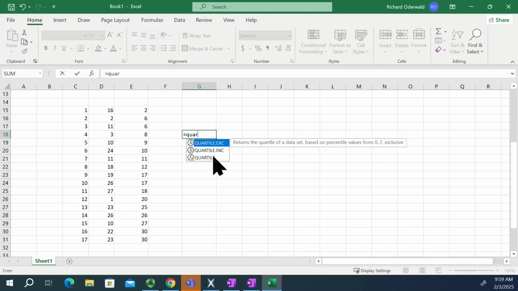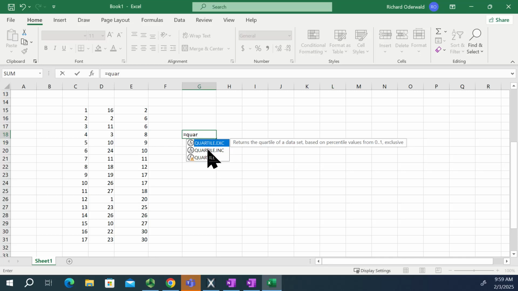This is the quartile command, and right here, it's got 2 different ways to calculate the quartile, inclusive and exclusive. It makes a difference when we have 17 numbers. If we've got 2,000, there's no difference in these two. Let's use inclusive.